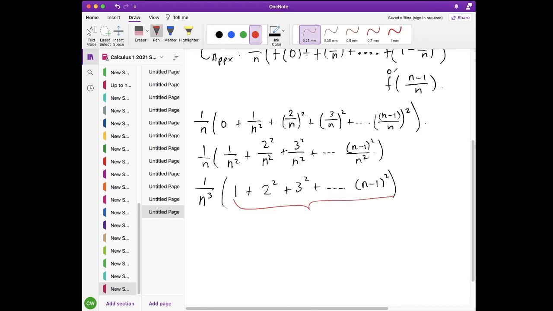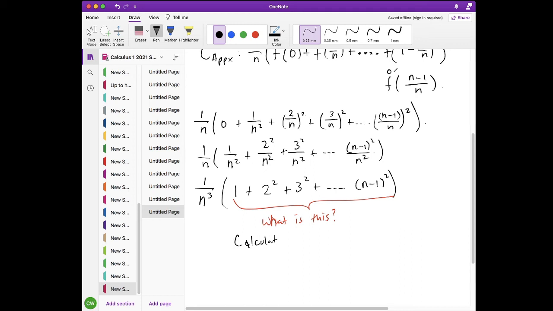So the question is, what is this? For those of you who are pursuing computer science, this is a kind of regular exercise and probably a good test question. So I'll show it to you. How do you calculate the sum of squares?